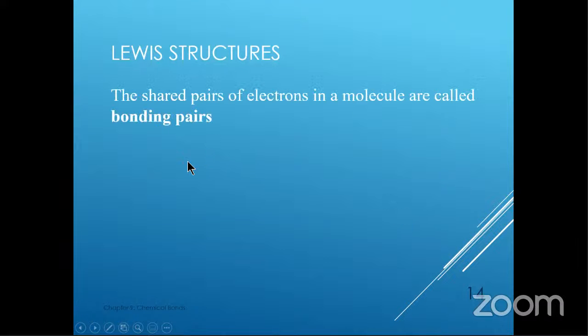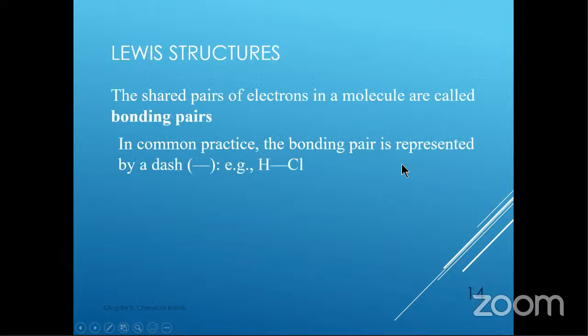So before we do that, however, we need to talk about some definitions. The shared pair of electrons in a molecule, we call that a bonding pair of electrons, all right? Now, we can use dots to represent the shared pair, but a more common practice is that we use a line or a dash, all right? So if you see a line or dash between 2 atoms, you should immediately understand that that represents a pair of shared electrons, all right?